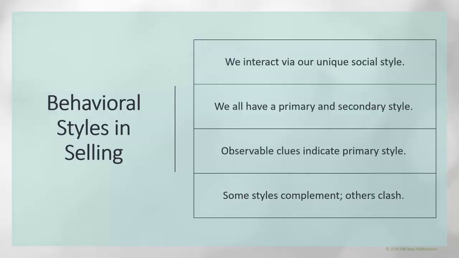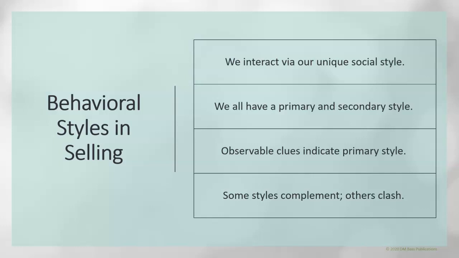So when we interact with people, we are interacting through our social style. We all have our primary style, and when we get into them, you may say like, well, in some situations I'm this style and in others I'm this style. That's fine. Because we all have a primary and a secondary, and I'll show you, we can go between kind of two.